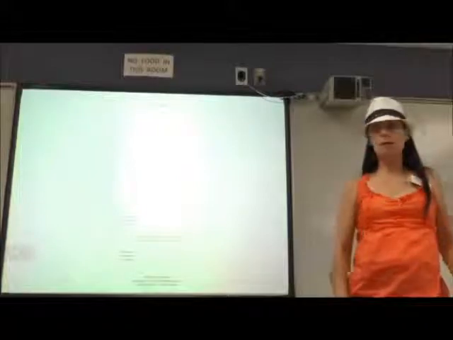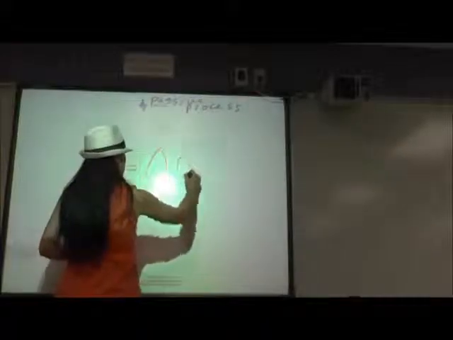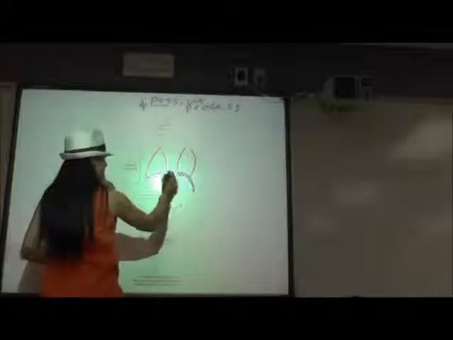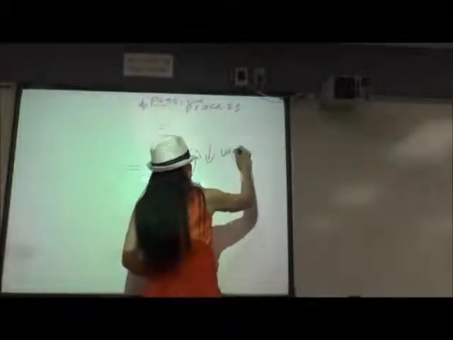The second part of pulmonary ventilation is expiration. Expiration is a passive process. It's passive because all that has to happen is the diaphragm relaxes. So if we look at our lungs, the diaphragm is going to relax and push up into them. As it pushes up into them, it decreases the volume.